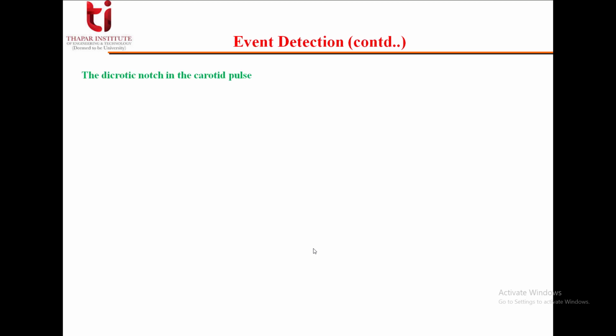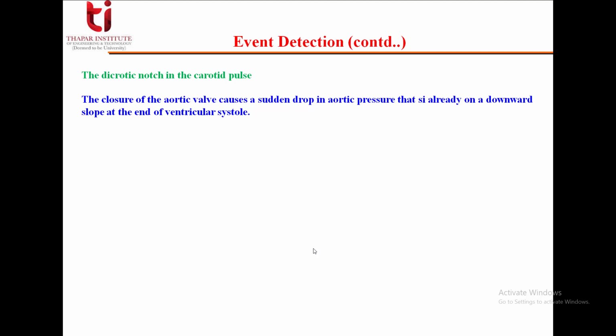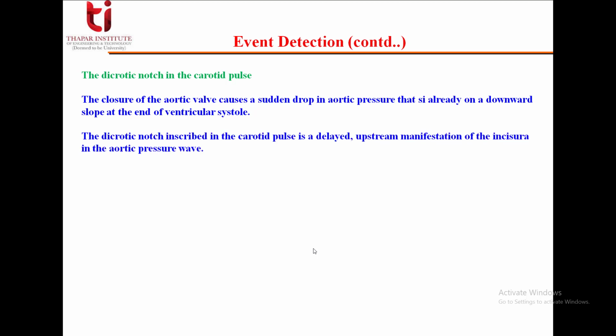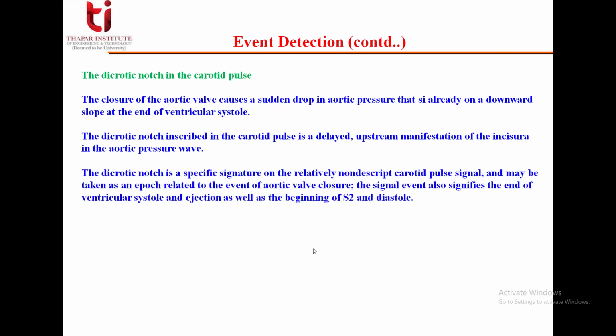Now, the next event is the dicrotic notch in the carotid pulse. The closure of the aortic valve causes a sudden drop in aortic pressure that is already on a downward slope at the end of ventricular systole. The dicrotic notch inscribed in the carotid pulse is a delayed upstream manifestation of the incisura in the aortic pressure wave.